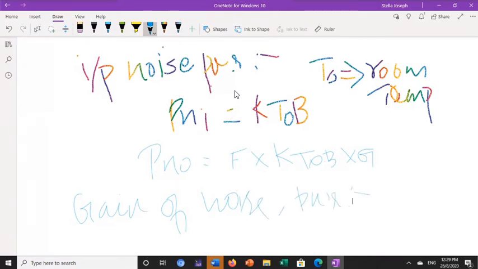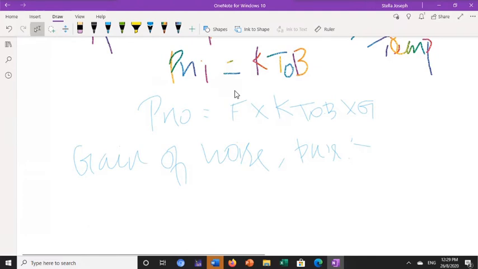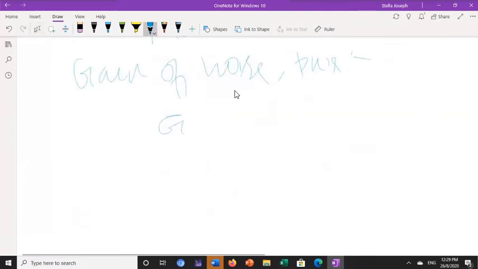So here we need to use G is equal to PNO divided by PNI. To make the difference between the total input power and the noise input power, I am using PNI total here. The gain of the amplifier will become output noise power upon input noise power.